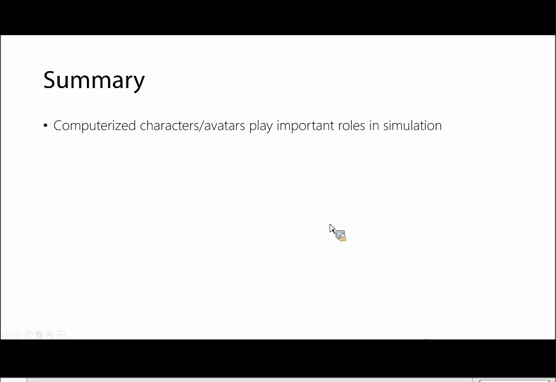In summary, computerized characters and avatars play important roles in simulation, and having a realistic 3D graphical model helps create synthetic data sets for computer vision. Especially, we are interested in vehicle monitoring types of systems.